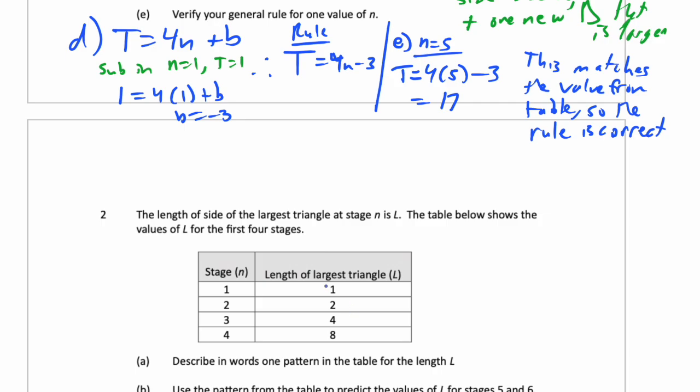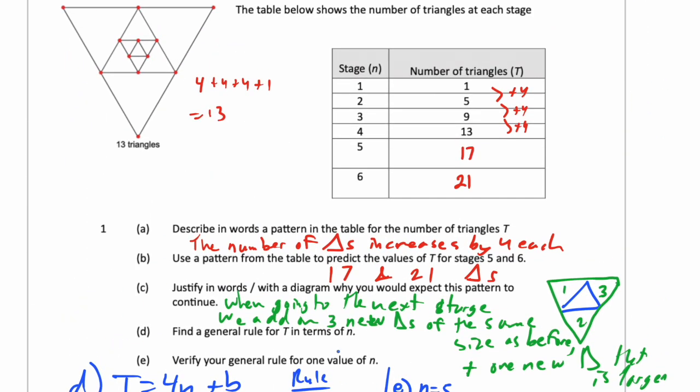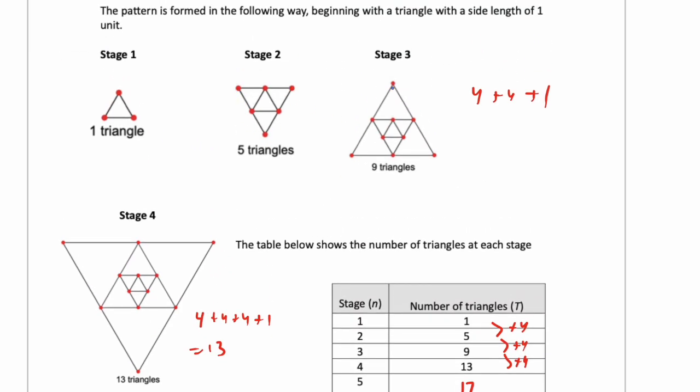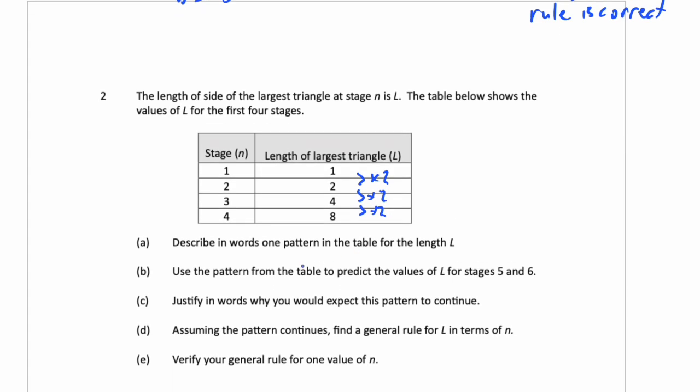The length of the largest triangle goes in this pattern: 1, 2, 4, 8. Okay, which makes sense. It looks like the size of the biggest one is doubling each time. So it's times 2 this time. The length L is doubling each time.